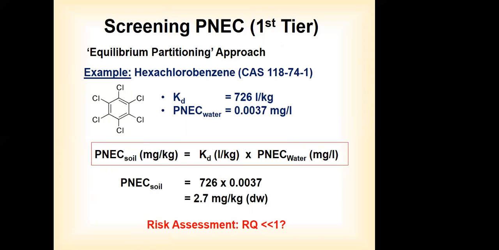We simply multiply 726 by 0.0037 and we get 2.7 milligrams per kilogram as our PNEC for soil. So now we would do our risk quotient and look as to whether it is much smaller than 1 or not, and decide whether there's no risk or whether we need to go to the next step and derive a proper PNEC.